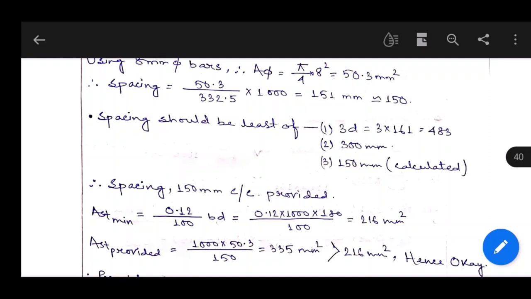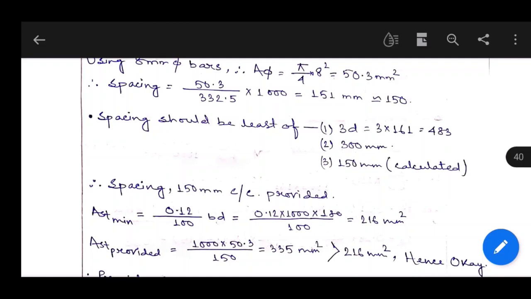This is HYSD bar, that's why the 0.12 value is used. That is equal to 0.12 into 1000 into 180 by 100, which is 216 mm square. Now our AST provided, the amount of area of steel we have provided, is 1000 into 50.3 by 150, that is equal to 335 mm square, which is greater than the value of AST minimum, that is 216 mm square.